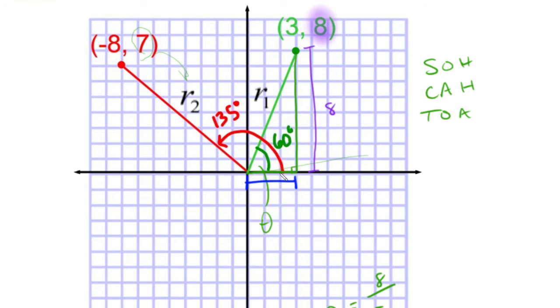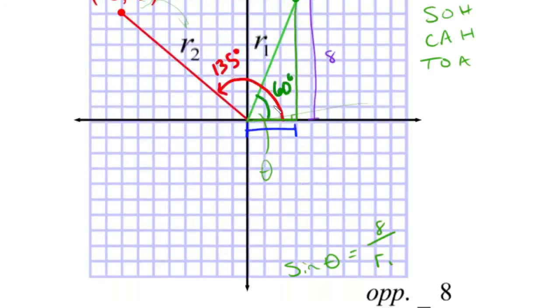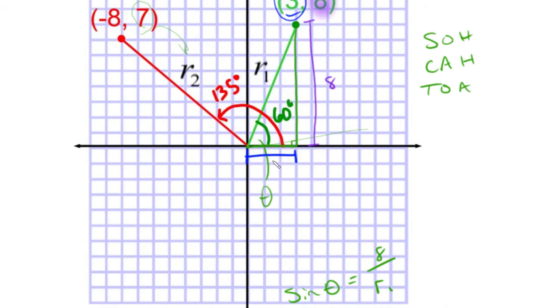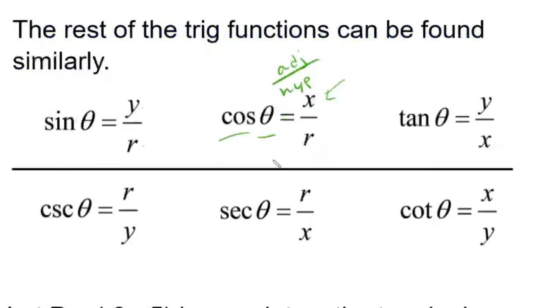That would actually be a length of 3, and it came from this x value, because this x value tells us how far left and right you go from the origin, right? And then r shows up because r is the hypotenuse. So it should make sense that cosine of theta would be x over r, because x represents the adjacent side length.